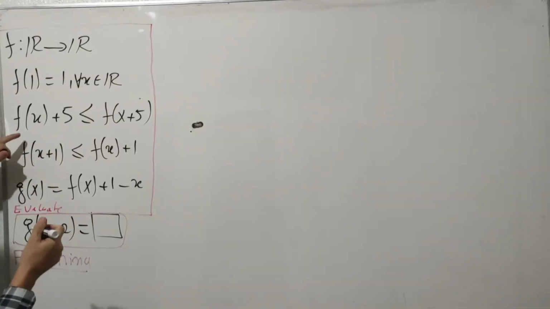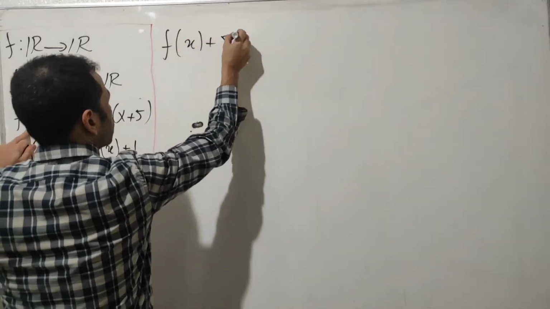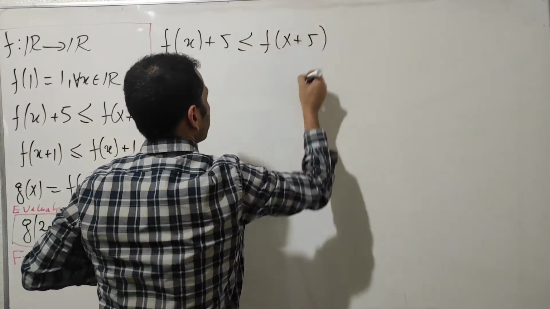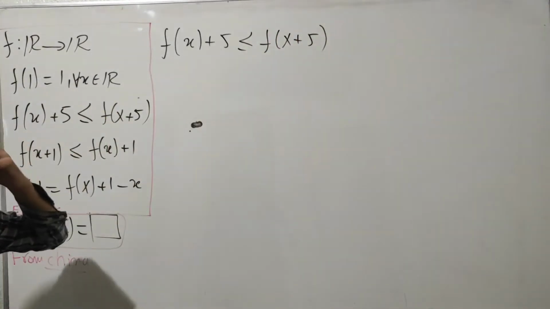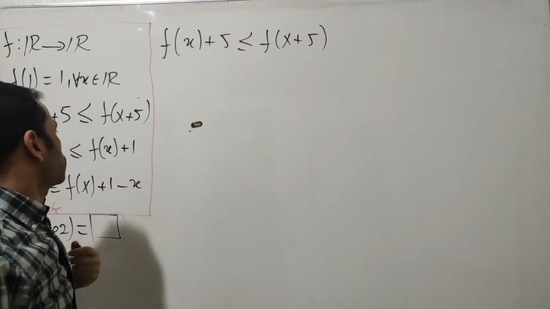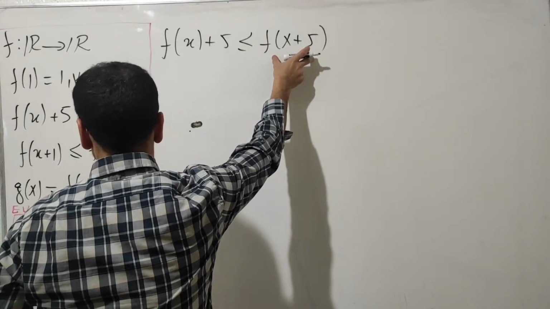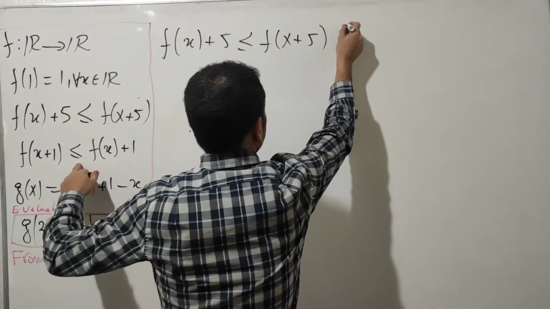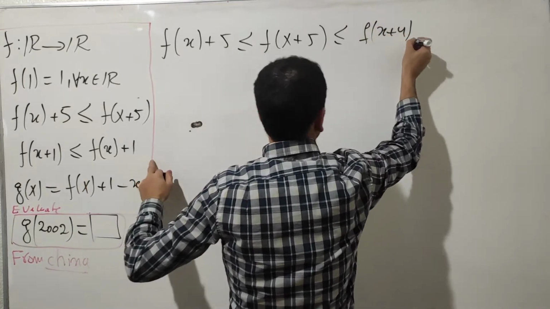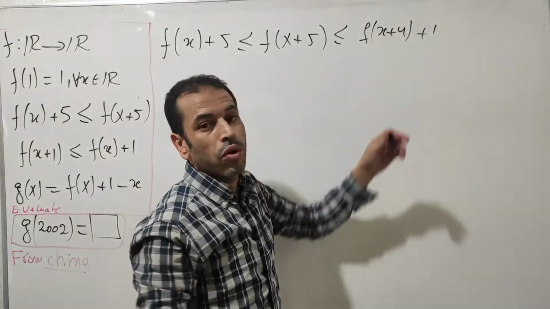Starting with the second condition, I get f of x plus 5 is inferior to f of x plus 4 plus 1, so I'm writing this one as it is. Now I'm going to apply the third condition on this one, so this is inferior to f of x plus 4 plus 1. Keep doing this all the way down.